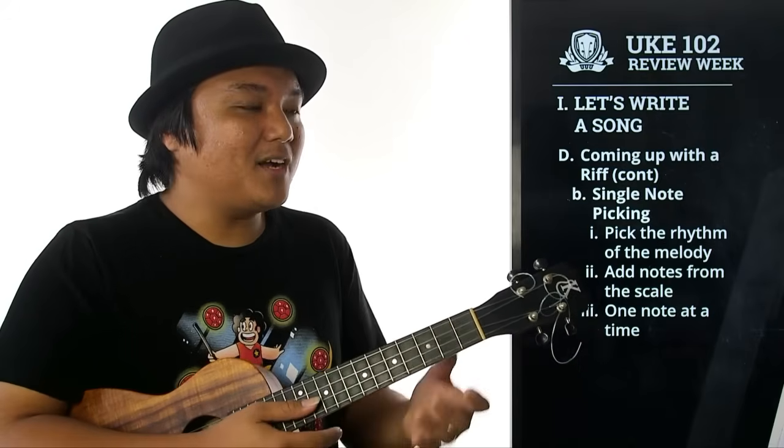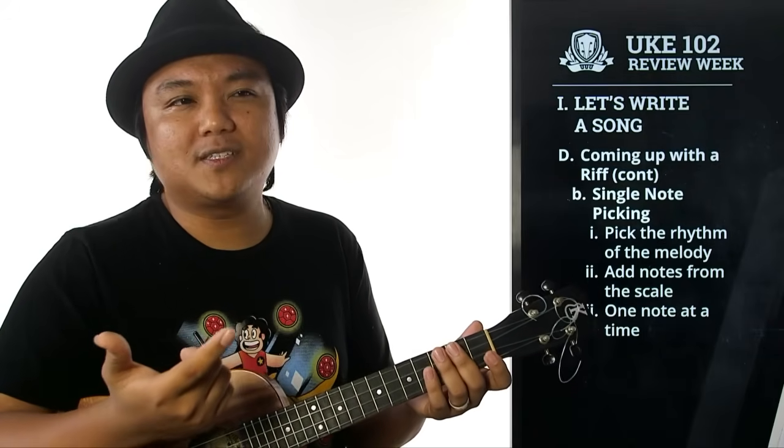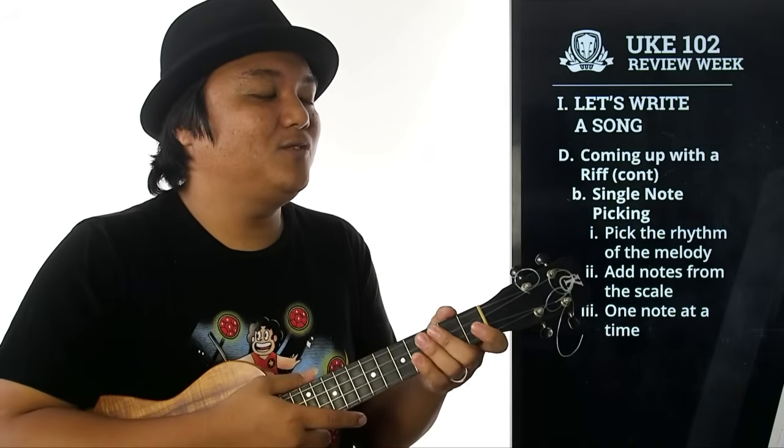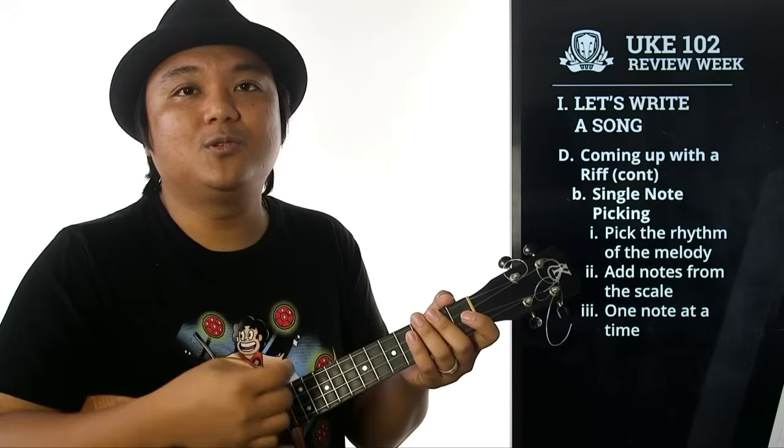All right, so we're gonna come up with that. So that's going to be our first riff. So our first riff, play the 1, 6, 2, 5 for me again. So 1, 2, here's a riff.